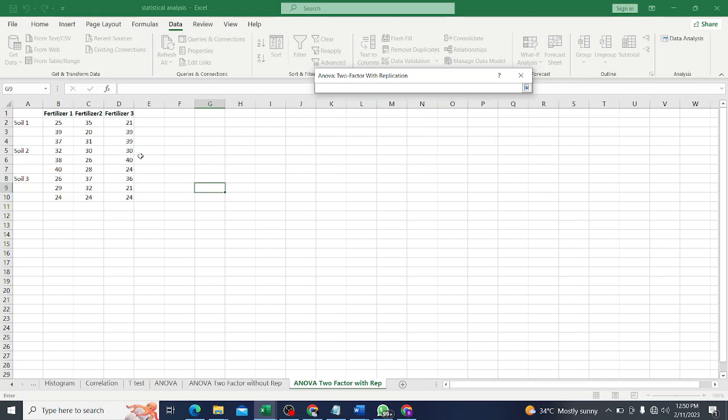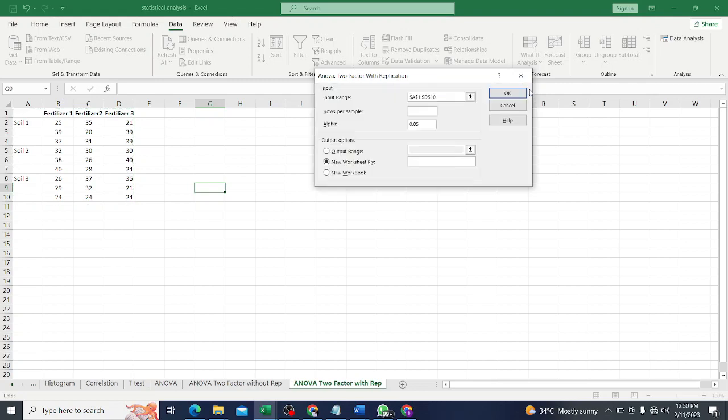Now it says input range. We select all the range of data that we have and then select this box. Now it says rows per sample. Rows per sample is the number of replications that you have, and in this case we have 1, 2, 3. So the rows per sample is 3.